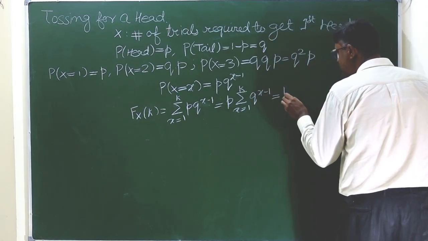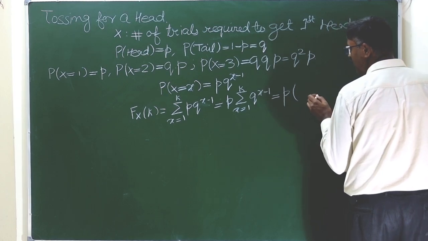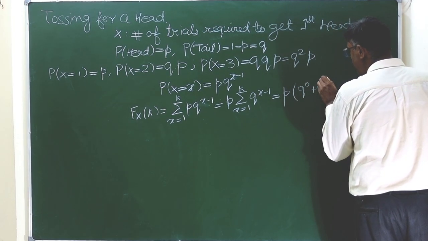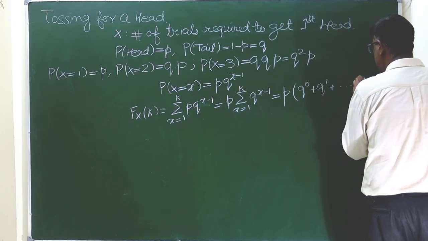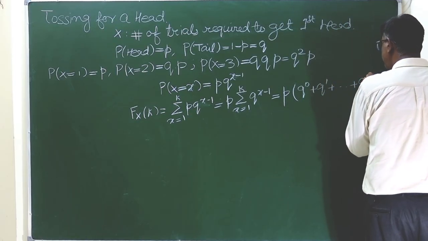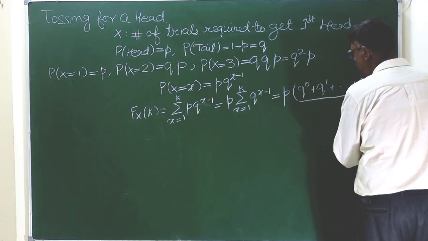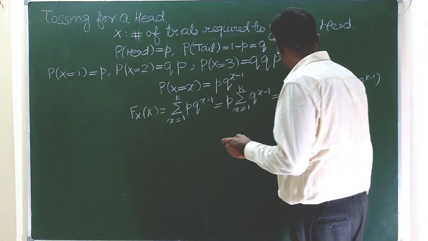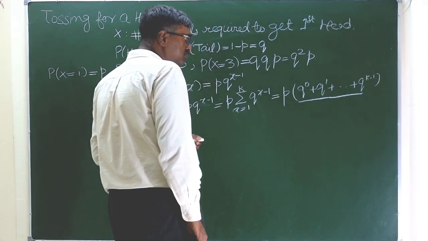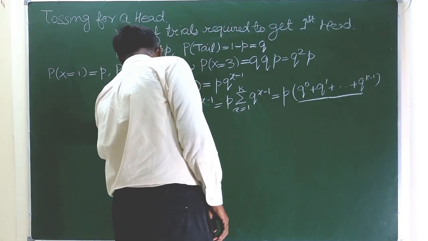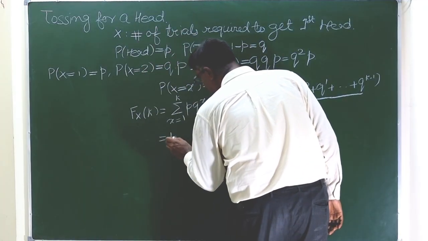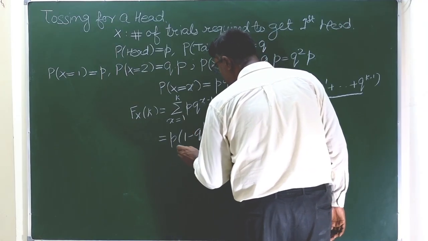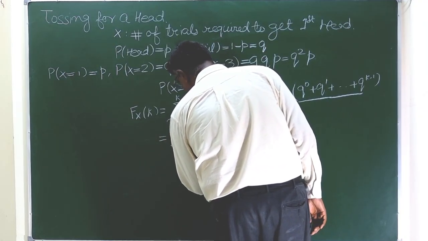Now I am opening this series, so this series will give q to the power 0 plus q to the power 1 up to q to the power k minus 1. So this portion is p times (1 minus q to the power k) upon (1 minus q).